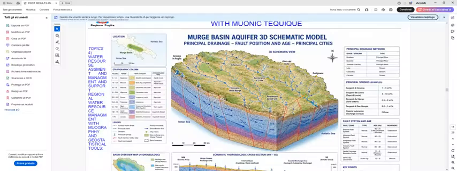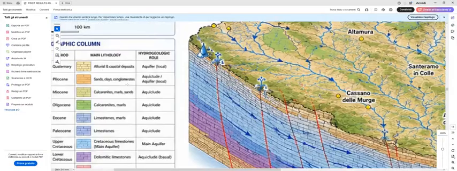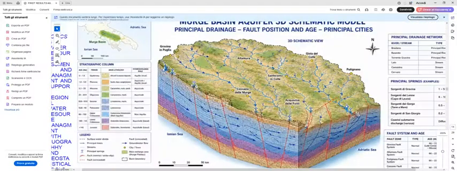Here is the stratigraphic reference column for this part. From 0 to 1 million years you have the Quaternary deposits, alluvial fan deposits.